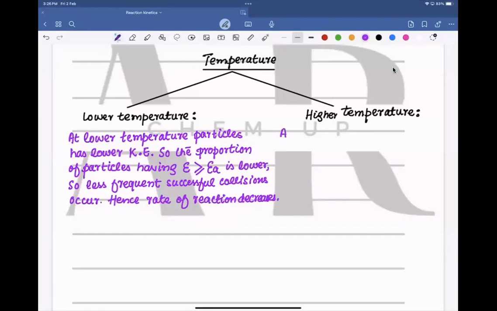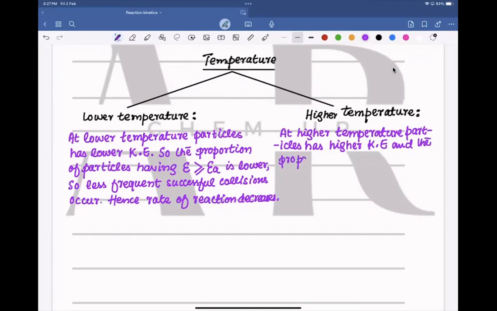Okay. Now, at higher temperature, what will happen to particles? They gain energy. So particles have higher kinetic energy, and the proportion of particles changes.